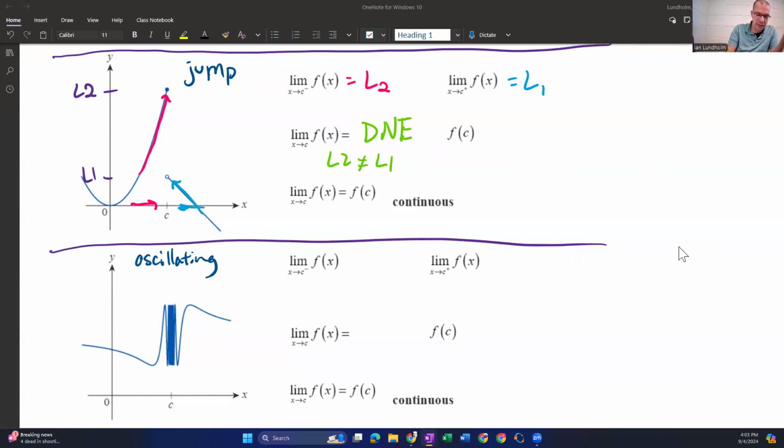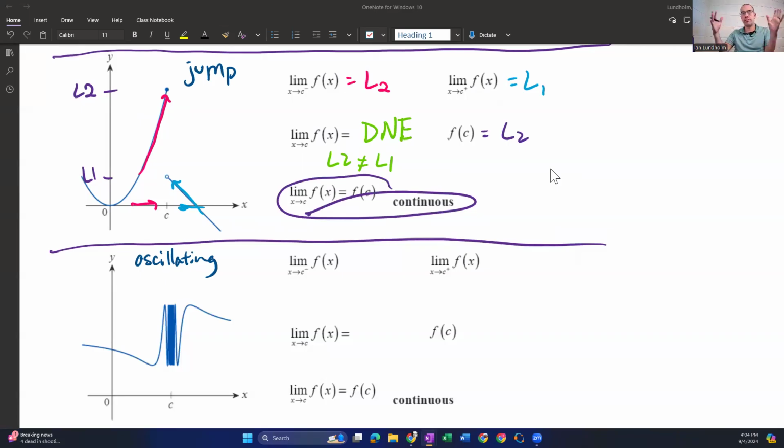F of C technically exists here. F of C is L2 up there. That's the filled in dot. But since we don't have a limit, we can't call this continuous. And again, it corresponds to the idea that we would have to pick up our pencil to draw this function properly.